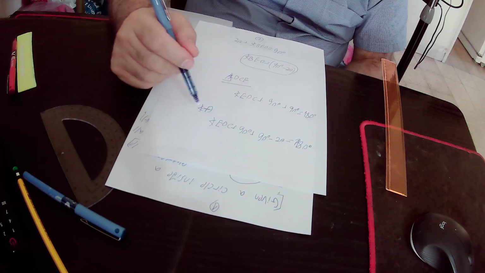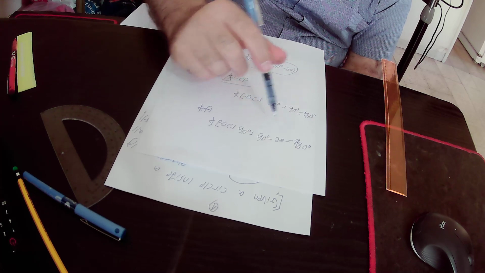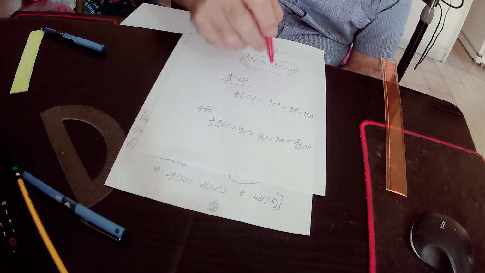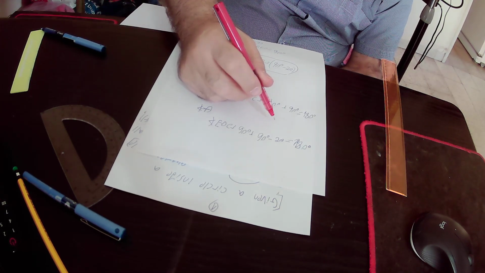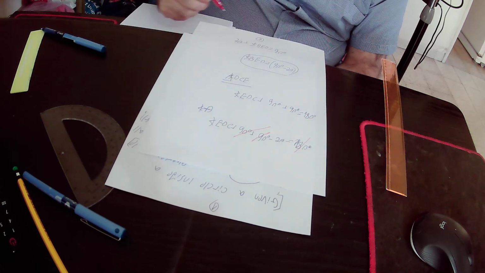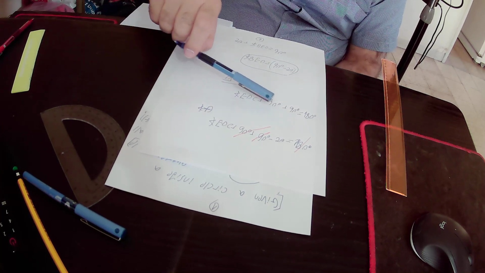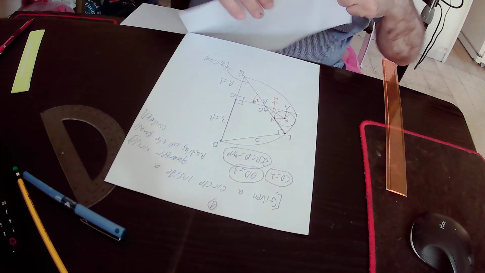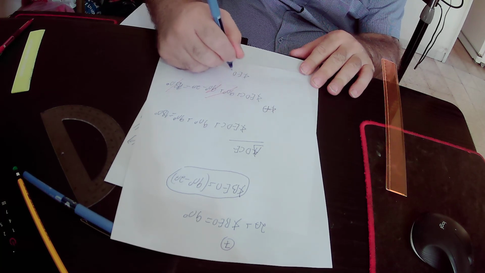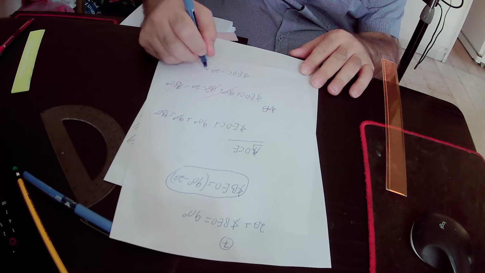So here we have 90 degrees plus 90 degrees is 180 degrees, and on the other side of the equation we have also 180 degrees, so 180 degrees will be cancelled with 180 degrees. So what is left here, the angle EDC minus 2 theta equals 0.